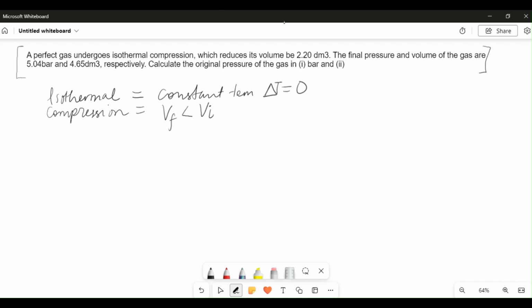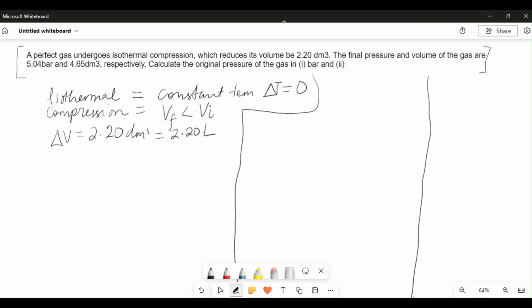Which reduces its volume by 2.20 dm cubed. So that means the change in volume is simply 2.20 dm cubed, which is the same thing as 2.20 liters. So I'm just going to do this right here so we have space to do all of the problems.